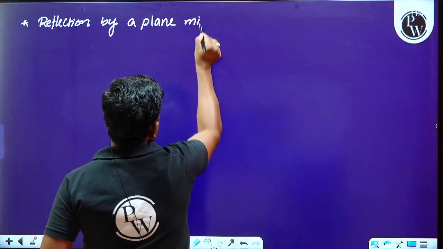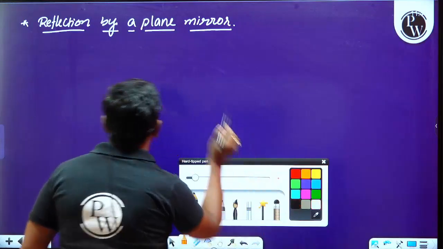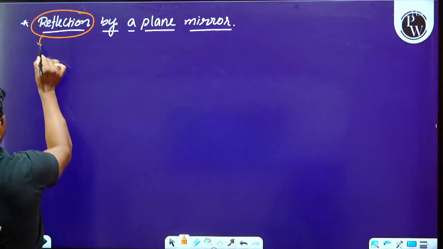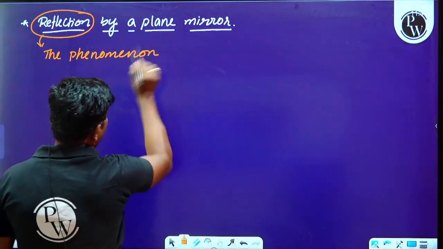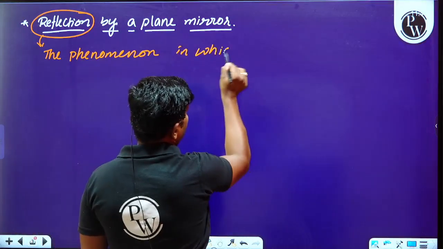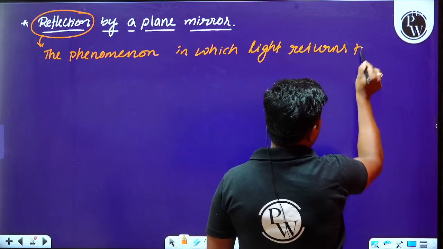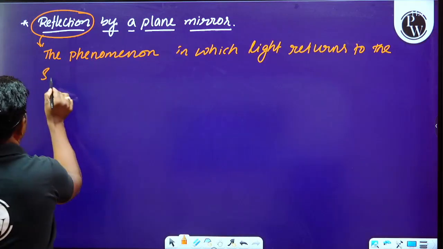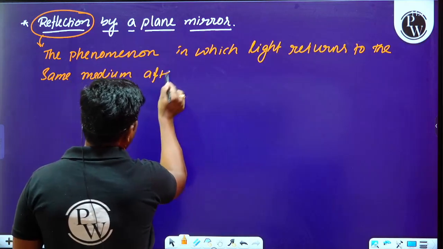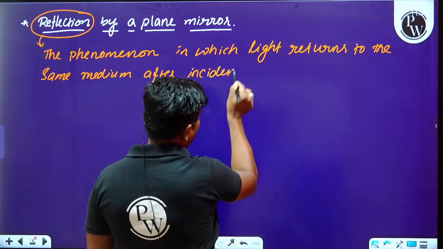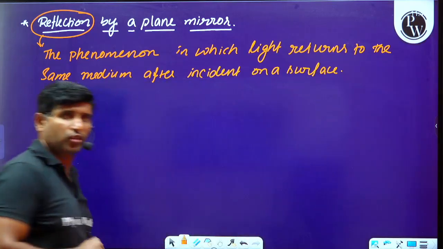First of all, let us understand what reflection is. Reflection is the phenomenon in which light returns to the same medium after incidenting on a surface.